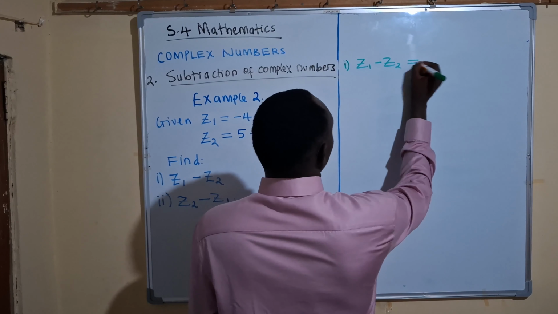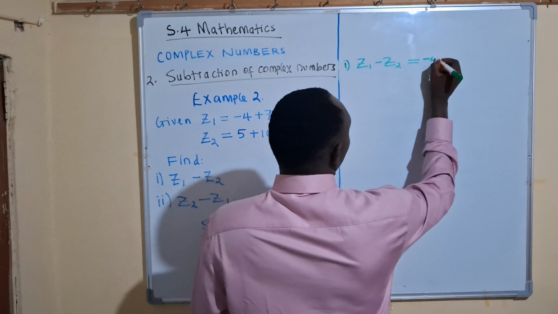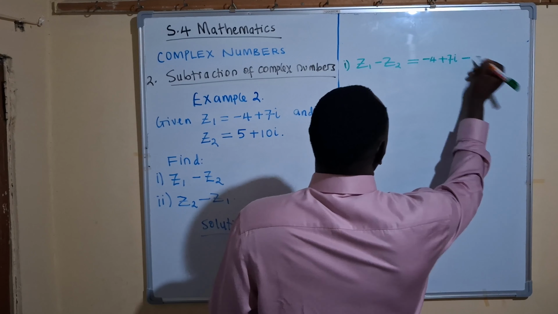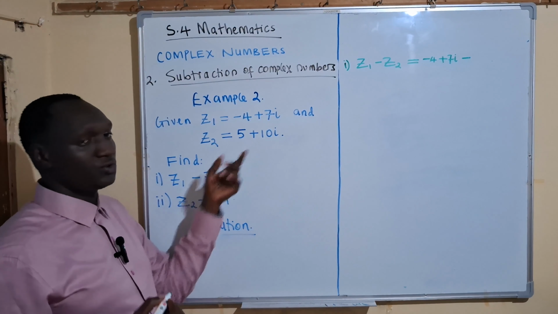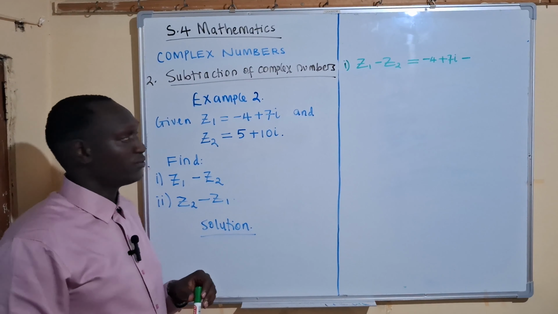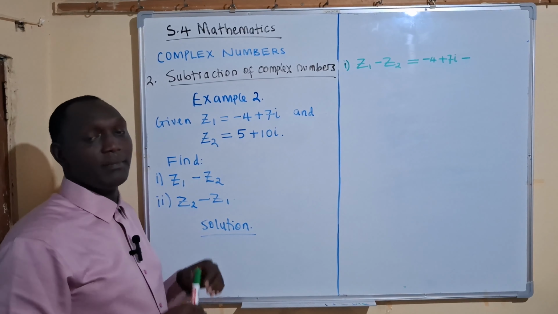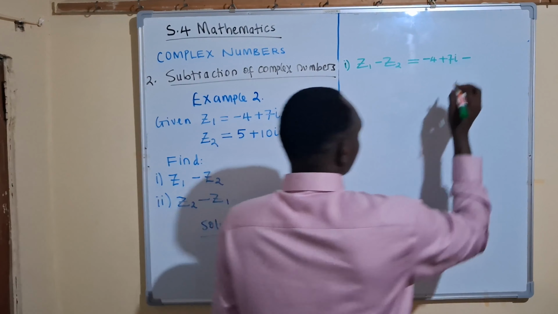So we're going to substitute for what is z1. z1 is negative 4 plus 7i minus, since we are subtracting and z2 has two terms, the moment you see more than one term being removed from another number, make sure you put it inside a bracket.